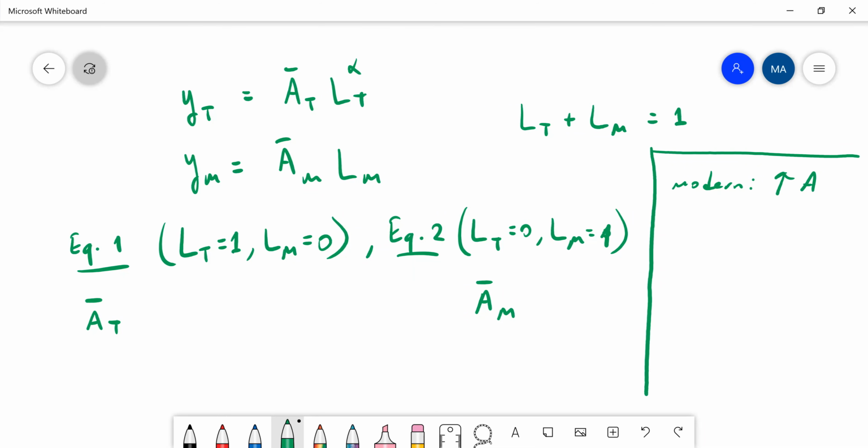So there is no technological progress in this economy, right? This is fixed, but just because you move labor from traditional to modern creates a productivity increase. Okay, so let's stop here, and if you have questions I can answer them.